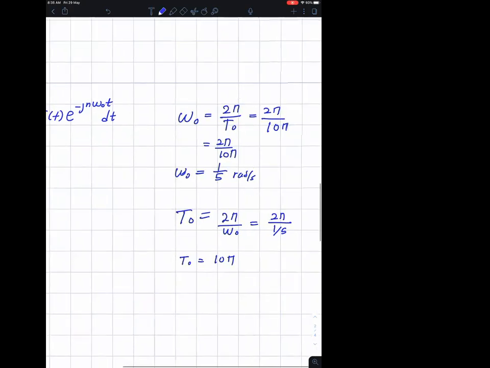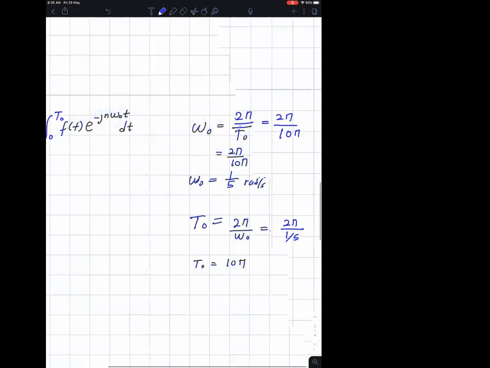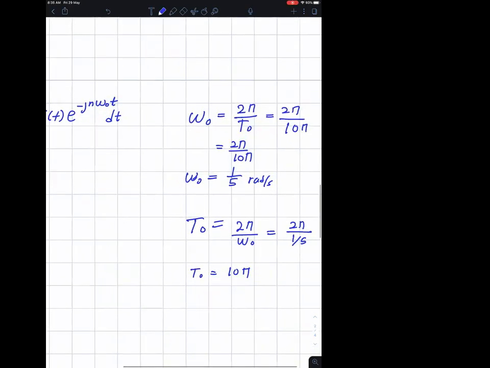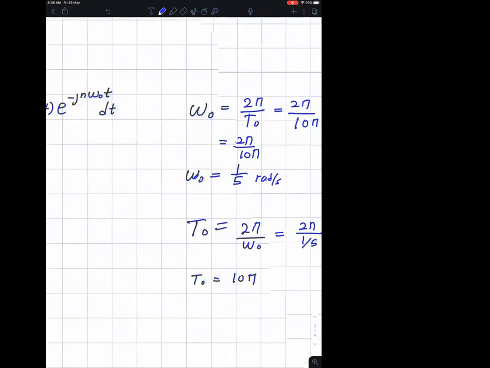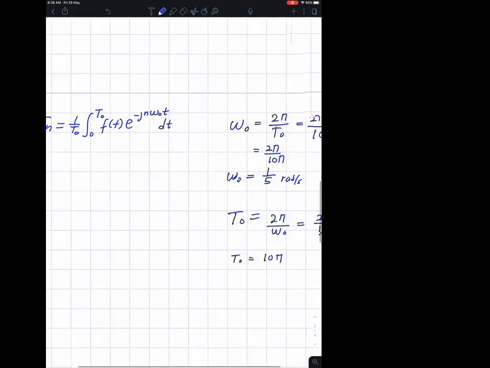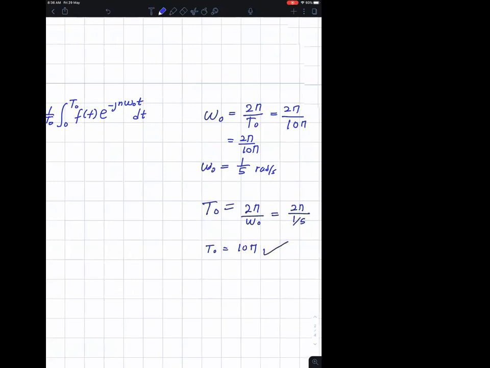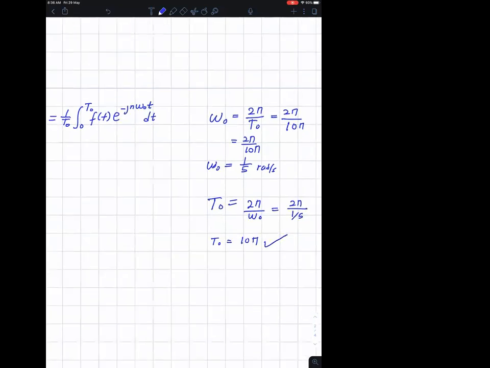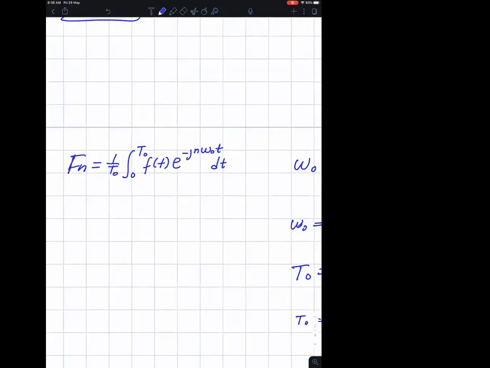You can always check: if omega naught is 1 over 5, then T naught is how much? You can check back to make sure that you're doing it correctly. So, okay, it checks, so you're doing it right. Because once you get the period wrong, then the whole solution is going to be wrong. So 1 over 10 pi.